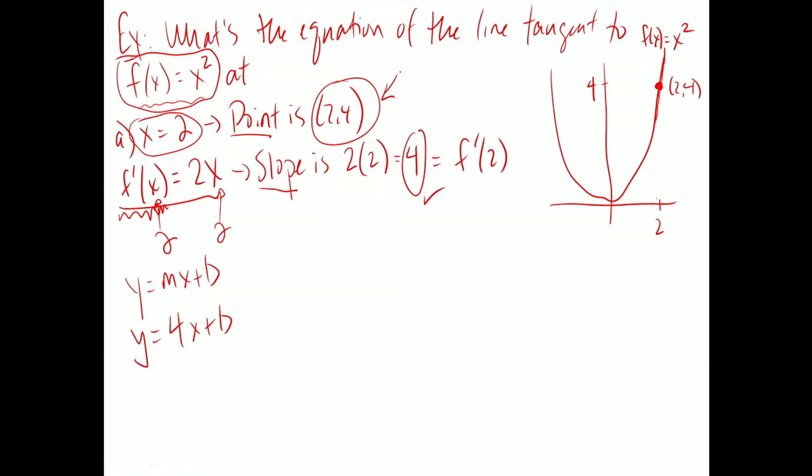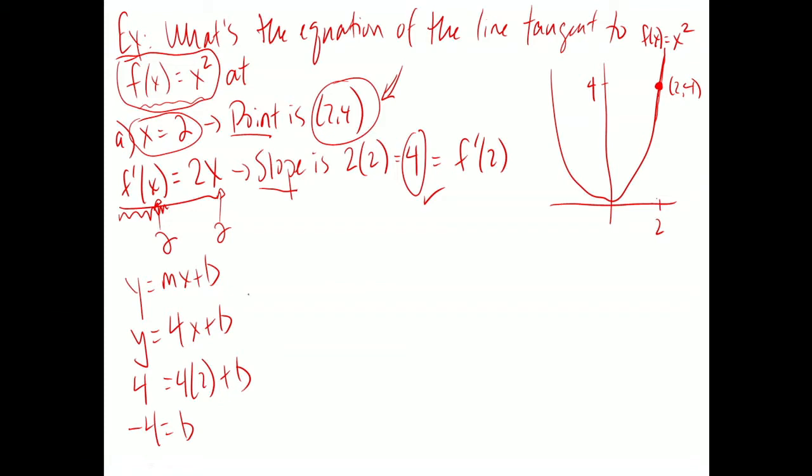So if you plug in x equals 2, you must get y equals 4. That's 8, so I think you get negative 4 is b.